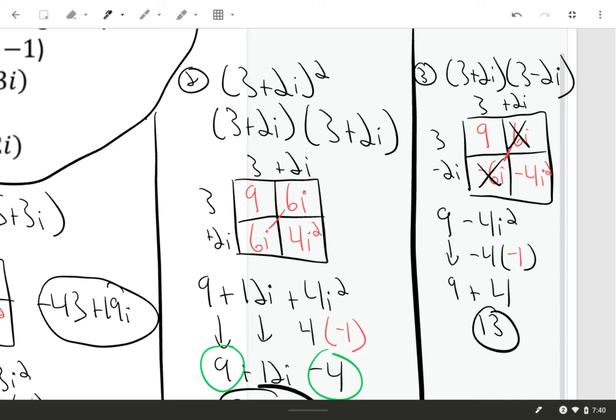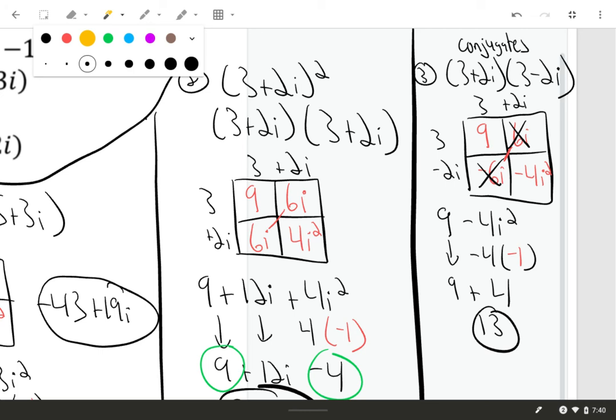And that happens. It turns out that these two complex numbers up here, 3 plus 2i and 3 minus 2i, these are known as conjugates. A conjugate is basically you have the same complex number, except one has plus in the middle, and one has minus in the middle.